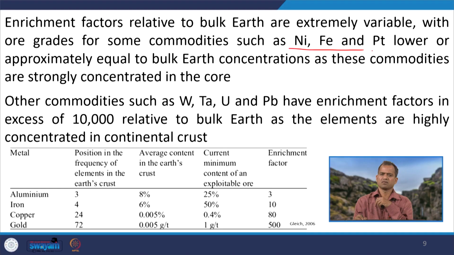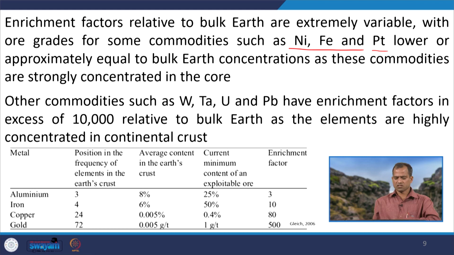So, the enrichment factor relative to bulk earth is extremely variable, with ore grades for some commodities such as nickel, iron and platinum lower than or approximately equal to the bulk earth concentration, and these commodities are strongly concentrated in the core.